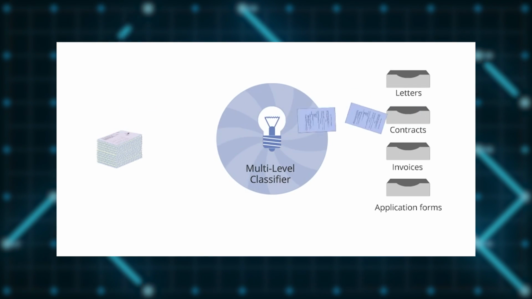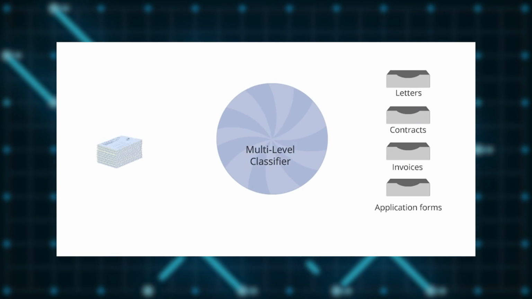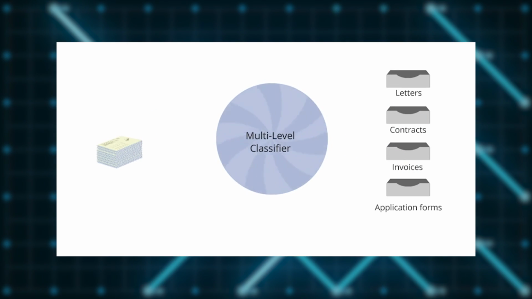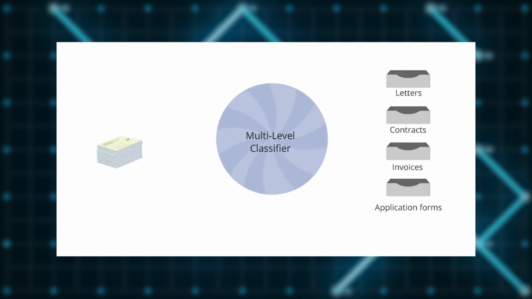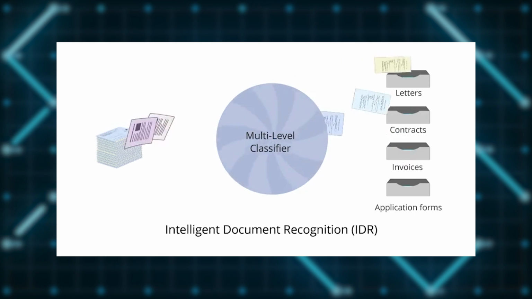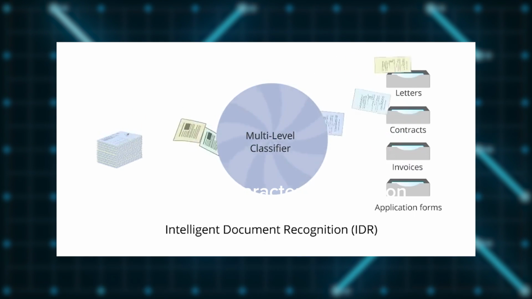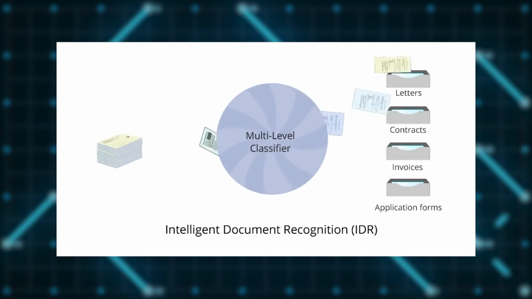Example can be classification into a passport application form, an onboarding application form, supporting documents, KYC, etc. With auto classification, you do not need to tag the documents with specific document types. System does it for you.